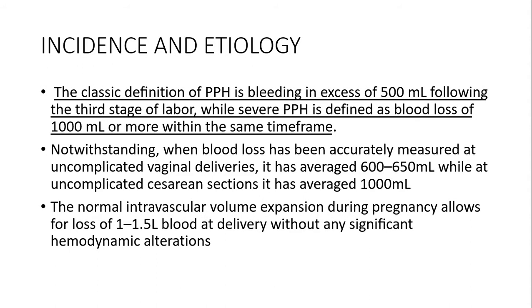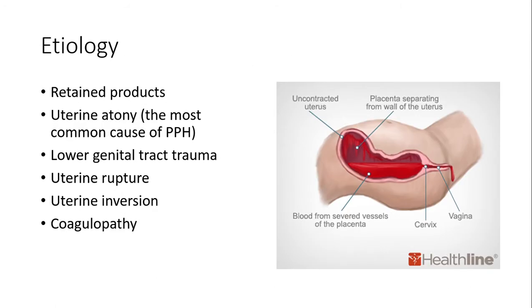When blood loss has been accurately measured in uncomplicated vaginal deliveries, it has averaged about 600-650 milliliters, while in uncomplicated cesarean sections it is up to 1 liter. The normal intravascular volume expansion during pregnancy allows loss of 1.5 liters of blood at delivery without any significant hemodynamic effect.